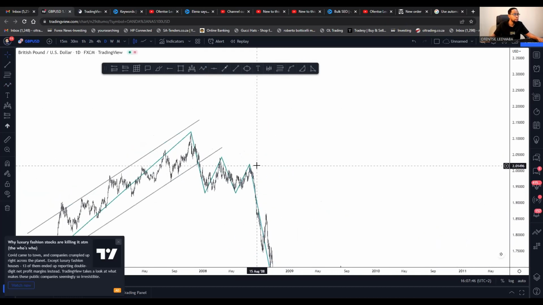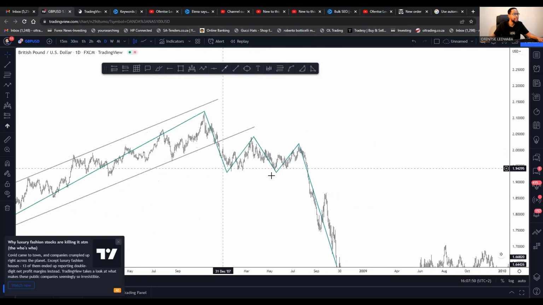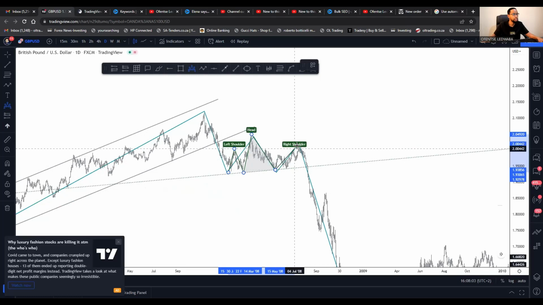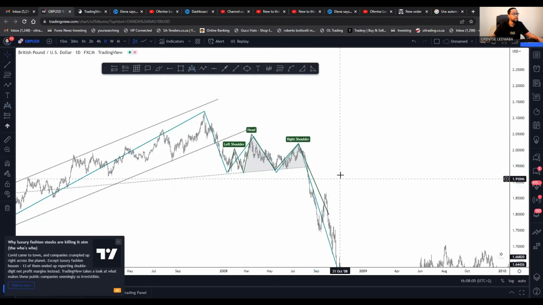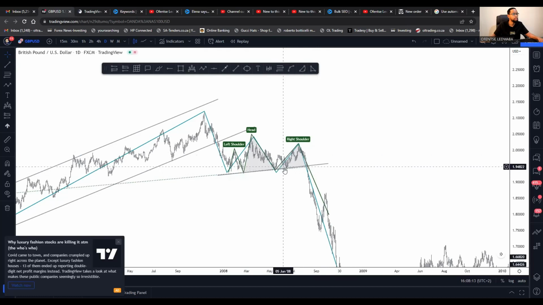By looking at this, I can already see that we had a head and shoulders structure here. See here, left shoulder, head, the highest point, and then we broke this neckline. We broke this neckline.